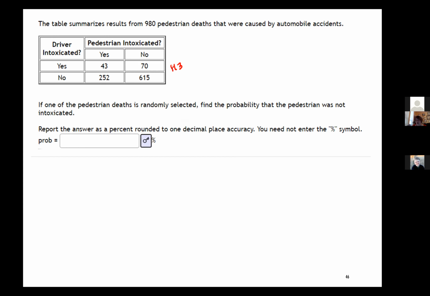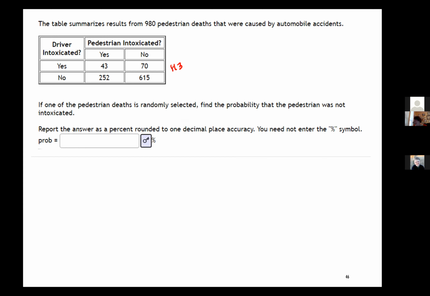Okay. The second row is that the driver was not intoxicated. In 252 of those, the pedestrian was intoxicated and the driver was not, and in 615, neither one of them was intoxicated.